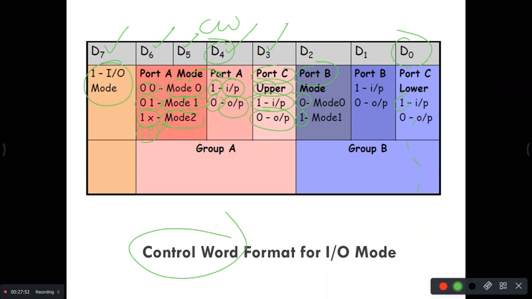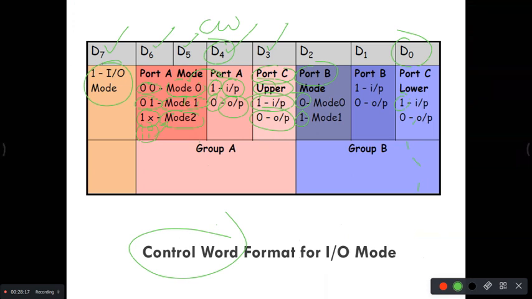Now you see, the last one, what is this? Very important. There are 2 modes. This 8255 can be used in 2 major roles. One is called the IO mode, and the other one is called the bit set reset mode.